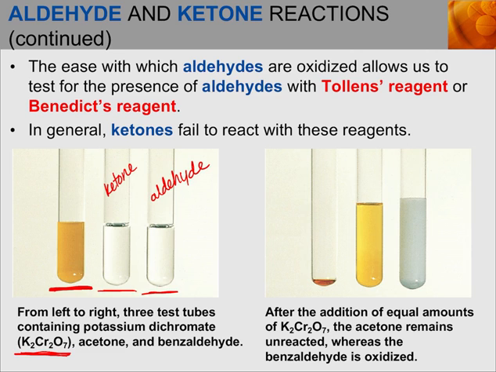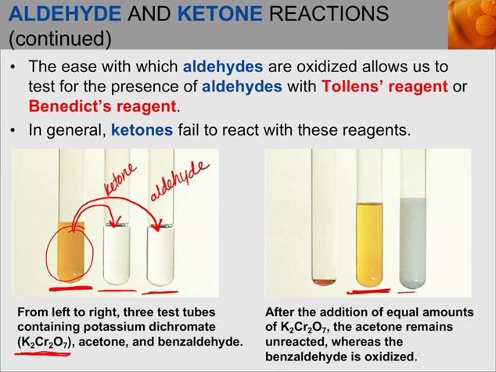So then what we're going to do is add about half of our potassium dichromate to the ketone, and then the other half to the aldehyde. And what we find is that the ketone does not react, so the color looks pretty similar to the color that we started with. It's just a little more dilute.